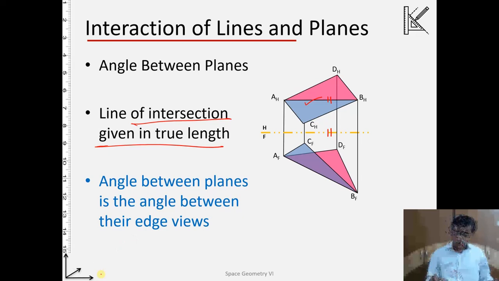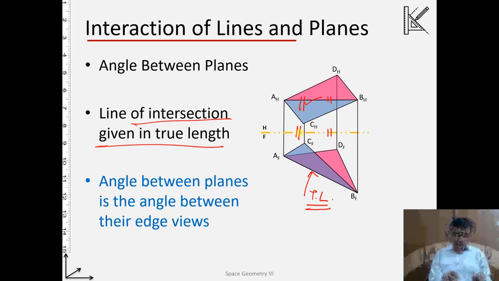So on the frontal plane, this particular line will be the true length. We know it because its projection on the horizontal plane is parallel to the hinge line. So once we know this, with the help of the true length, we can easily establish the edge view of the planes, or rather we can say with the help of the true length of the line AB, I can establish its point view.